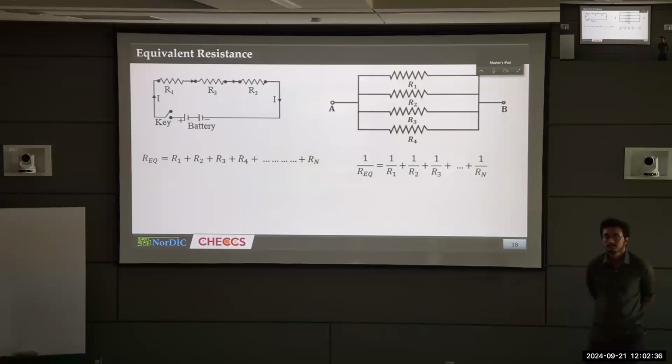If they are connected in shunt or in parallel, we add the reciprocals: 1 over R1 plus 1 over R2 plus 1 over R3 is equal to 1 over R equivalent. This is the basis of electrical engineering. When you talk to any electrical engineer, you hear: current, voltage, resistance; connected in series, connected in shunt. That's all.